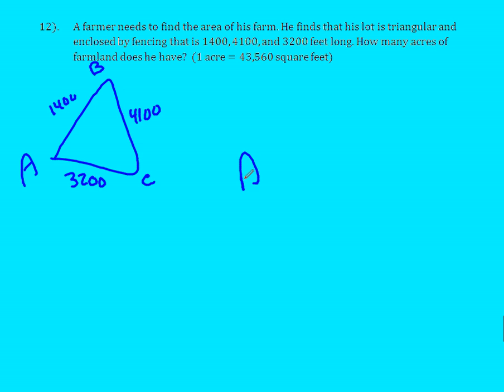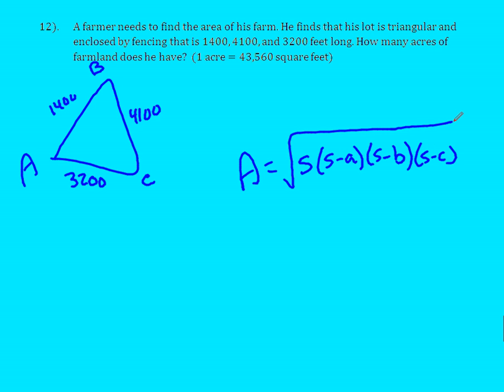The area is going to equal, use this formula here, the square root of S times S minus A, S minus B, times S minus C. Find the S semi-perimeter, it'll be A plus B plus C over 2. So I add all those up, and I should get 8700 divided by 2, which is 4350. So that's what S is to start.